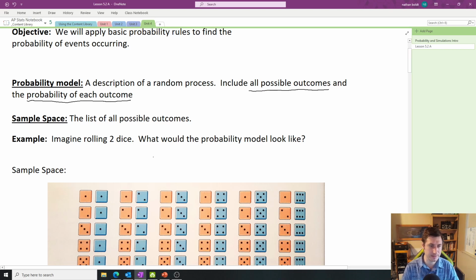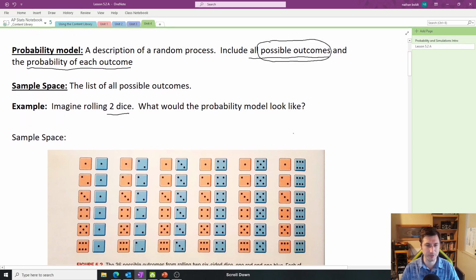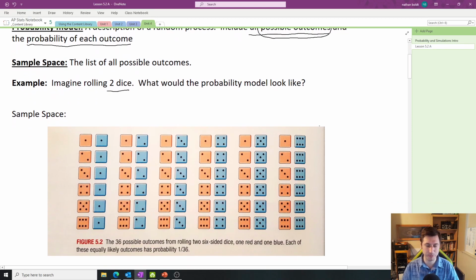So here's our example. Imagine rolling 2 dice. What would the probability model look like? First you would have to list all possible outcomes. That is called the sample space. So here's a nice picture of that sample space. Don't worry, you usually don't have to do that. Please don't try to write all those dice down.